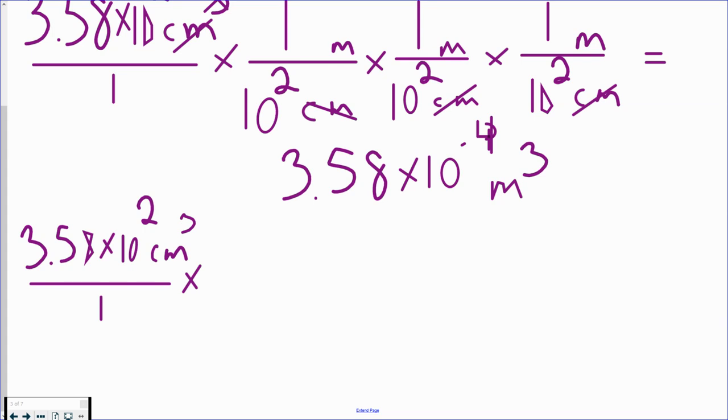And I'm going to go from centimeters to inches. So this is 1 inch has 2.54 centimeters. Now, that needs to happen 2 more times.